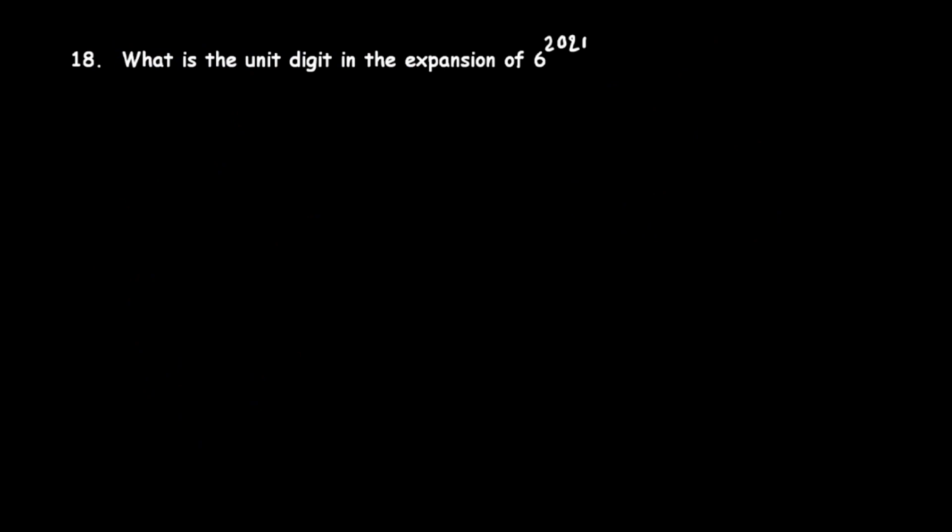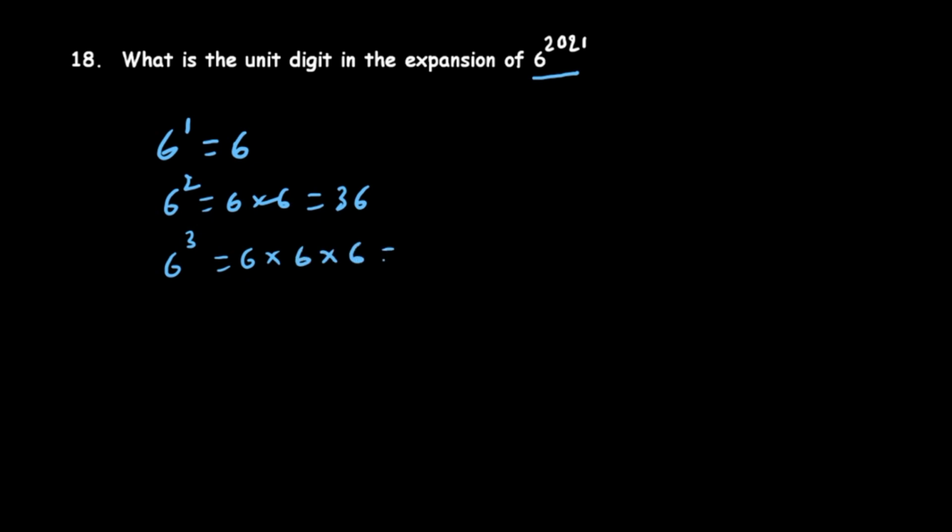what is the unit digit in the expansion of 6 to the power of 2021? So already we have discussed very well about it. 6 power 1 is 6, 6 power 2 is 6 into 6, that is 36. 6 power 3, 6 into 6 into 6, that means 216.